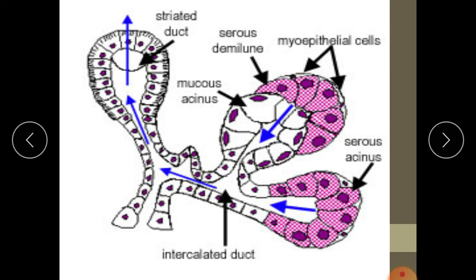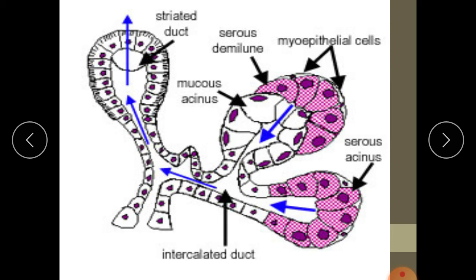See, look here. This one is a mucus acinus having mucus secreting cells. And this is a serous acinus. Watery fluid is secreted by this acinus. Its secretion also has enzymes.